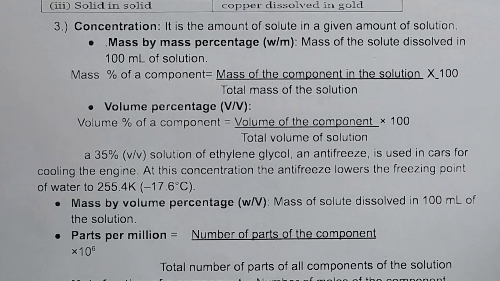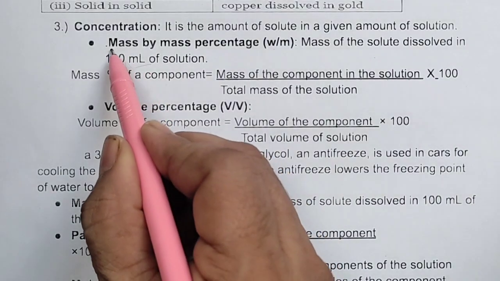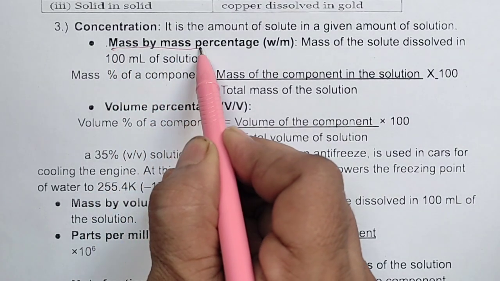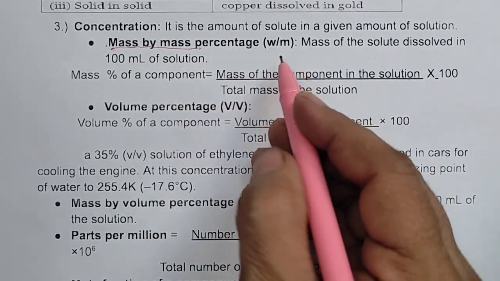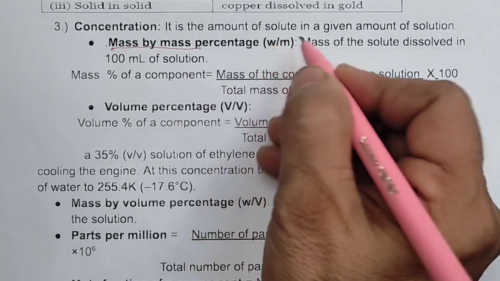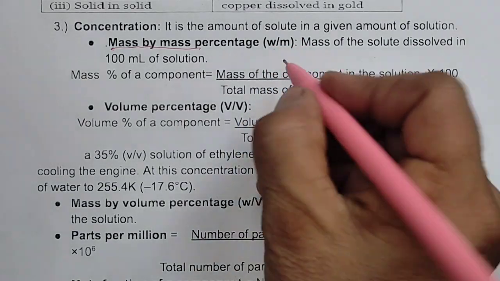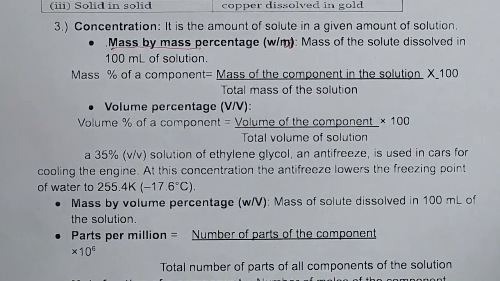Now let's move on to the different methods of expressing the concentration of solutions. The first one is mass by mass percentage, written as W by W percent.